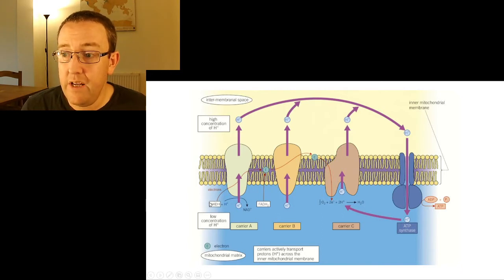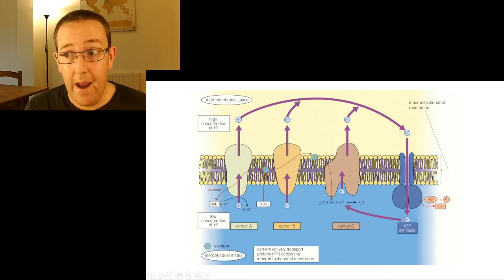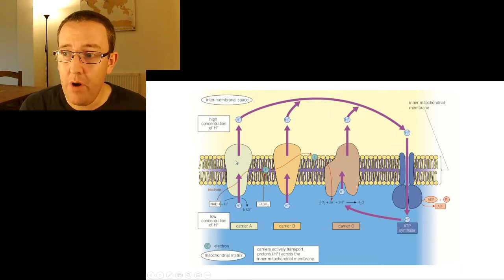Now, if we look, these two here, NADH and FADH, are what we've manufactured in glycolysis, the link reaction and the Krebs cycle. They are now coming in here, and this is where we get the payoff. So the first thing that happens is our NADH binds onto this first protein carrier that's wedged in the membrane.